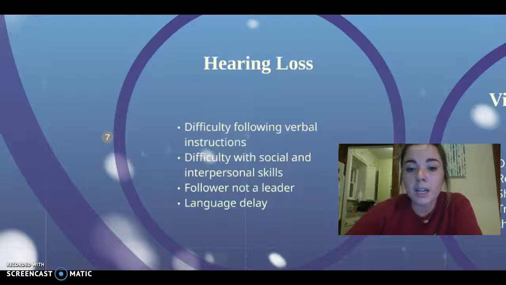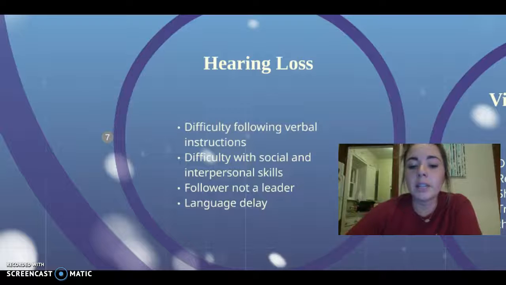So because they cannot hear, sometimes they miss out on certain things. They can't understand some of the things that are going on. Most times these students are usually followers, not leaders. So that's just kind of a general characteristic. Not saying that all of them are like this, but most generally they're usually followers.